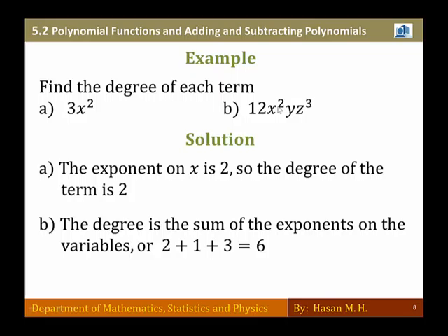So we have 2 and 1 and 3. When we add them together, 2 plus 1 plus 3, that is 6. Therefore, the degree of 12x squared y z cube is 6.